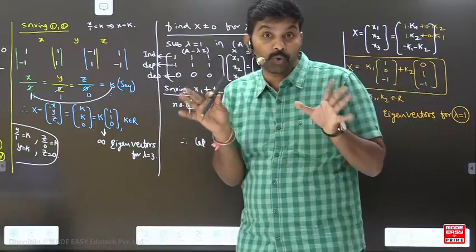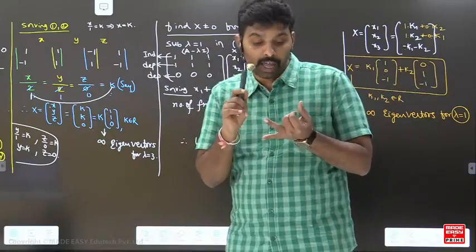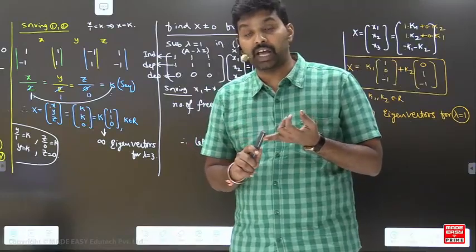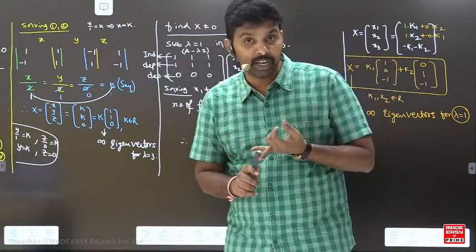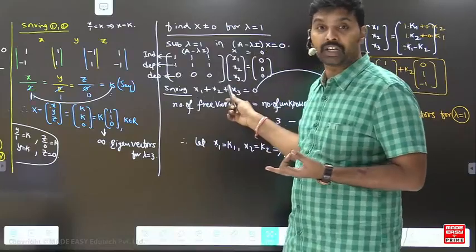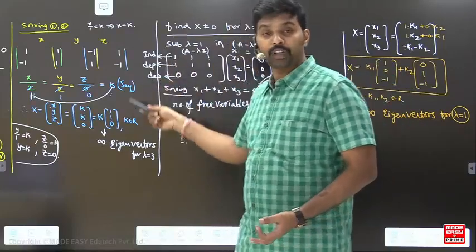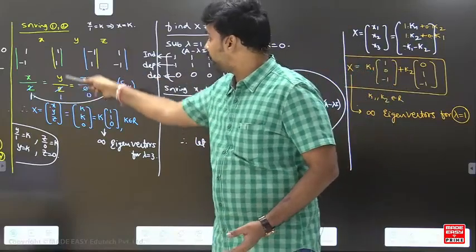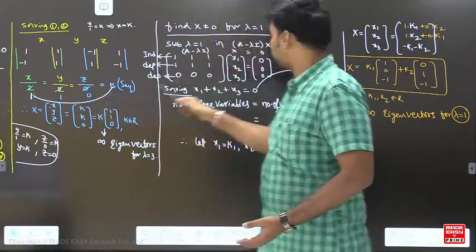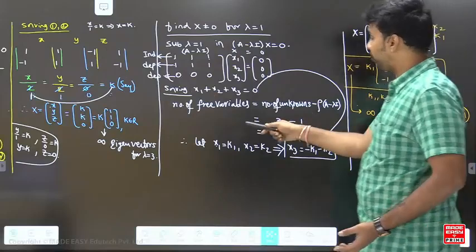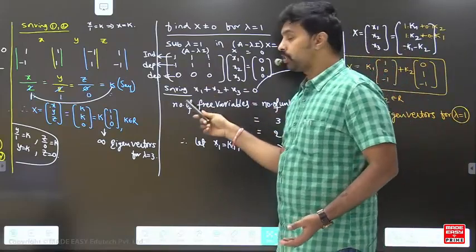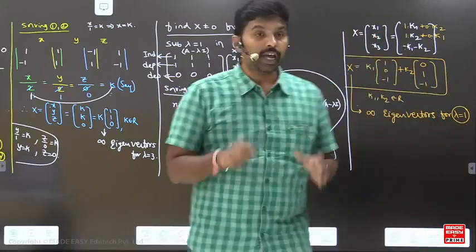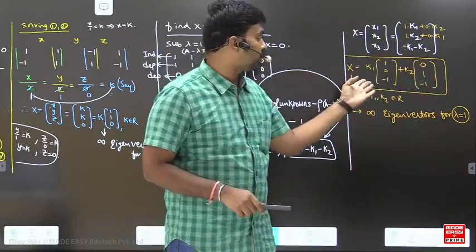I just want to show you exactly how the eigenvalue is found, how eigenvectors are formed, how many eigenvectors come for an eigenvalue, and how infinite ones arise. And how you are solving the equations to get the eigenvectors. This is one way of solving these two equations in three unknowns, using the free variable concept, that is, the number of unknowns minus rank of A minus lambda I. So hence we are able to see the eigenvector. It is written as this one.